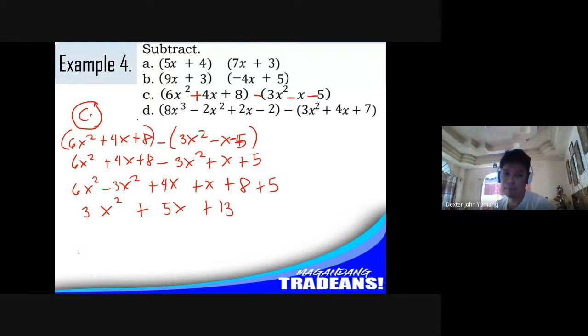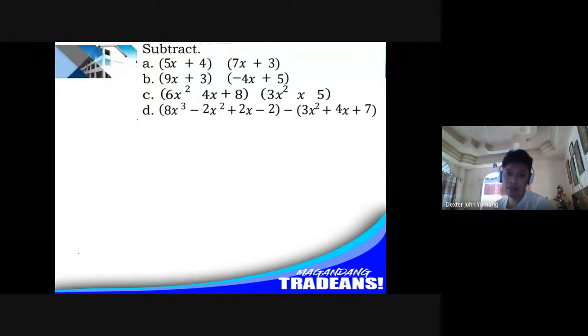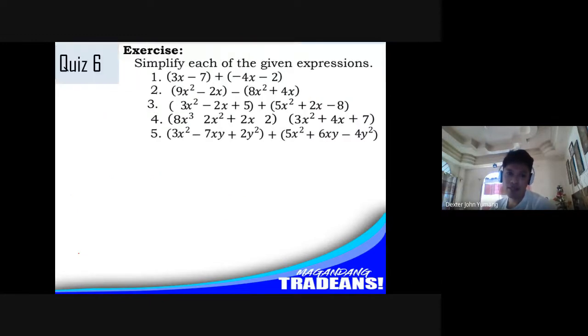Okay po, ganun po. So, letter tayo sa quiz ninyo. I would like you to answer this one. So, for this, simplify each expression by answering this. Okay? So, number 4, wala po. Plus po yan siya. Plus din po. Then plus. Okay?